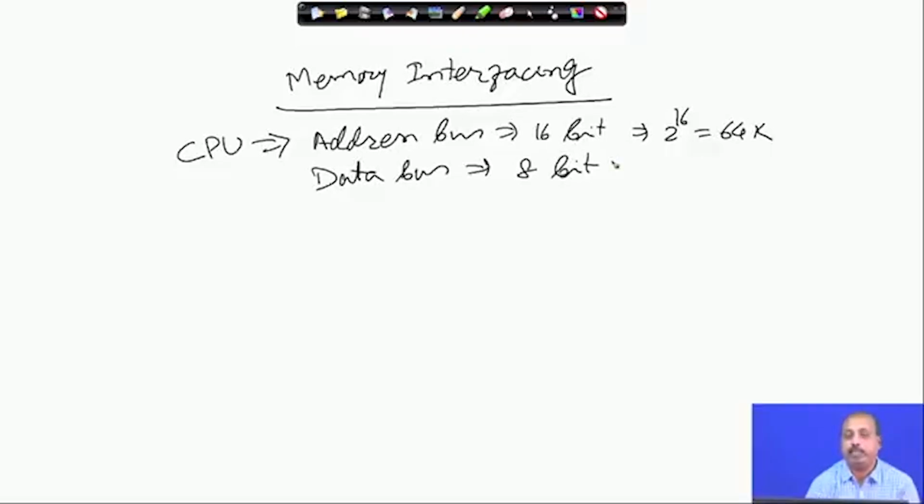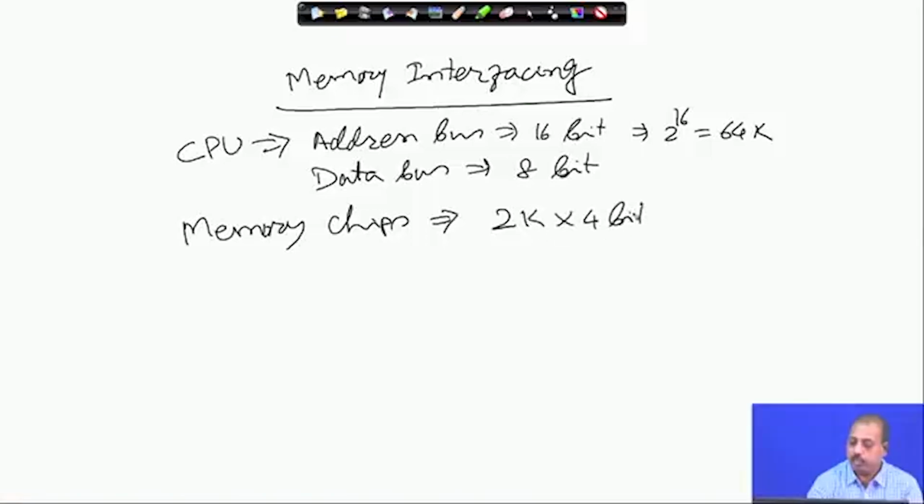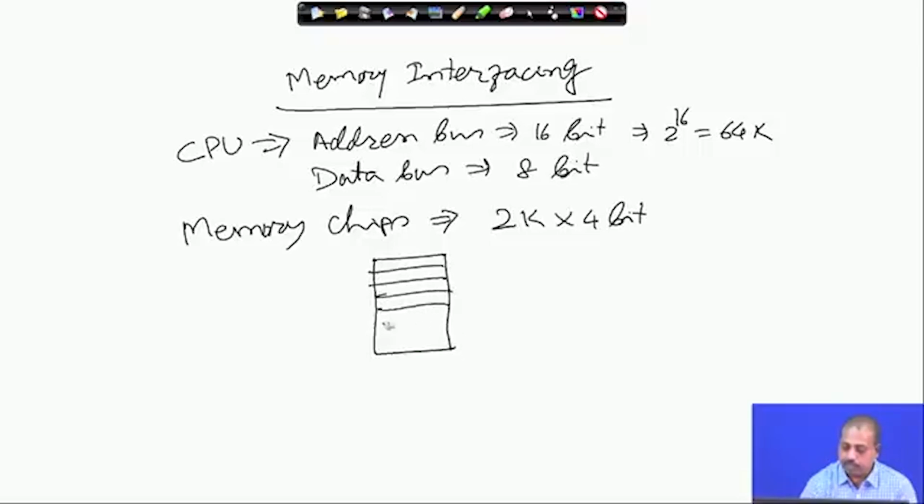it is expecting 8 bit of data from there, but the memory chips that we have are of size 2 kilo into 4 bit. What I mean is that if you look into a particular memory chip, it has 2 k locations in it, that is 2 into 1024, 2048 locations, and individual locations consist of 4 bits.